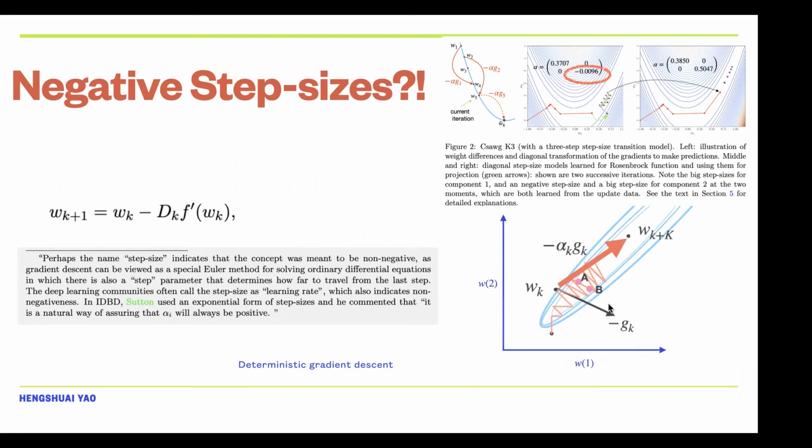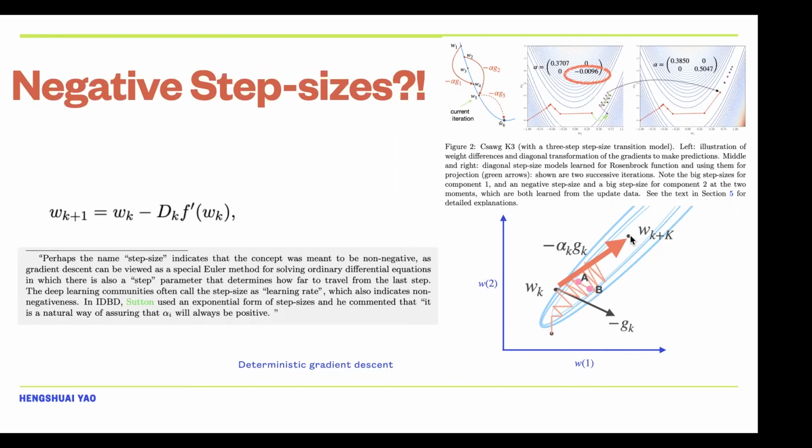Let's update gradient descent from point A to B. You can see from A to B, we make progress in W1 because W star is on the right-hand side of A, right?